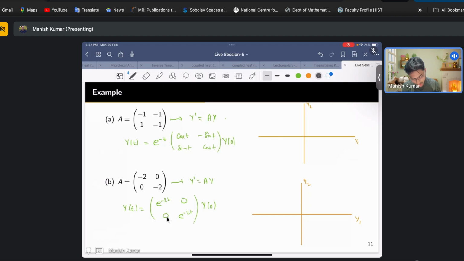Suppose you are starting with y0 equal to (1, 0). I'm taking a particular choice just to show how the picture will look. So suppose you have (1, 0). Let me write the solution here. The solution will be e to the minus t, you will get cos t, here you will get sin t, right?